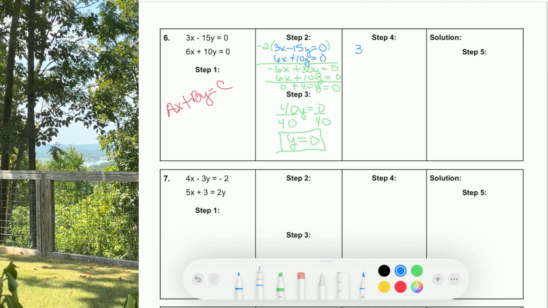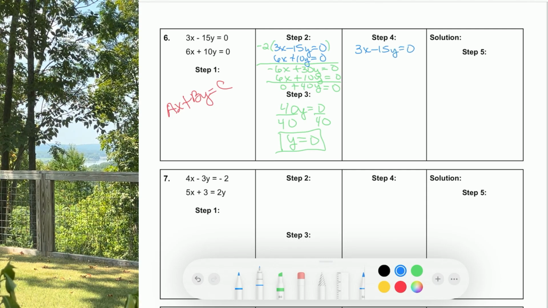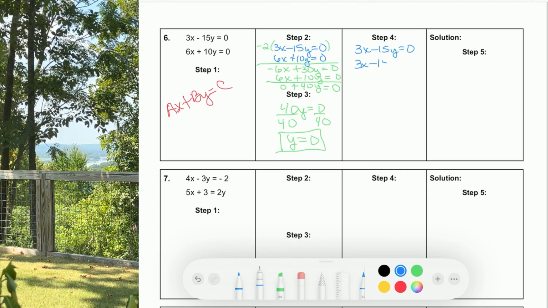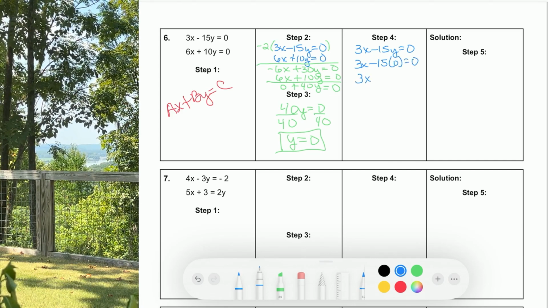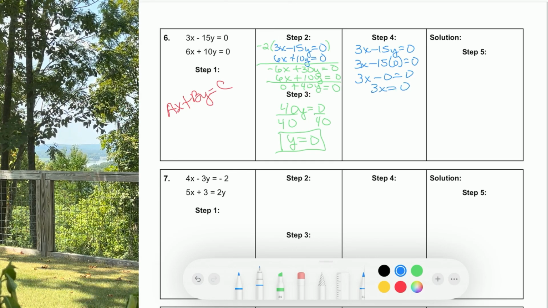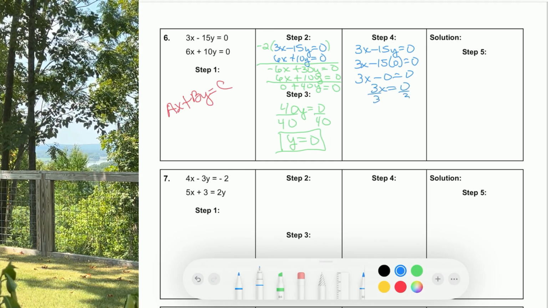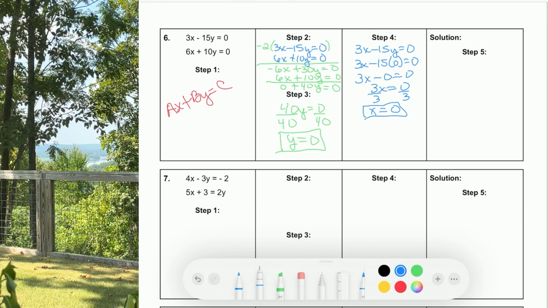So let's see here. 3x minus 15y equals 0. So 3x minus 15 times 0. Divide both sides by 3, and I get x equals 0. So both of our answers are 0.